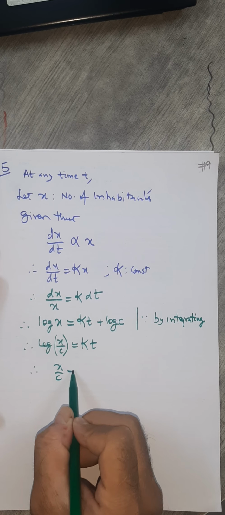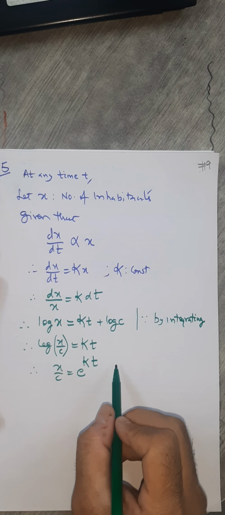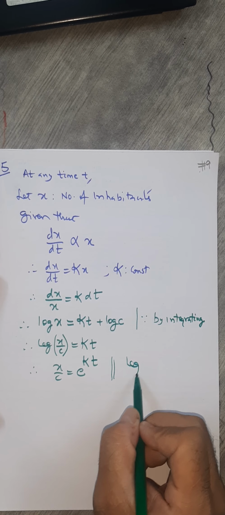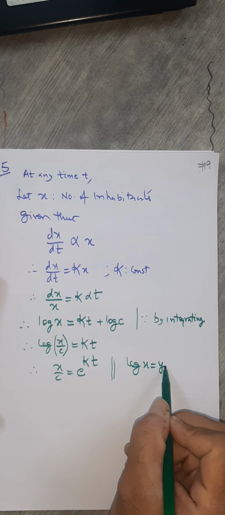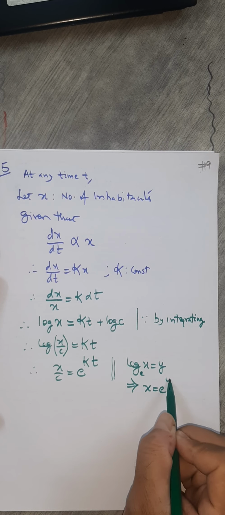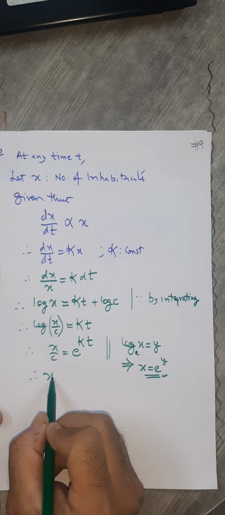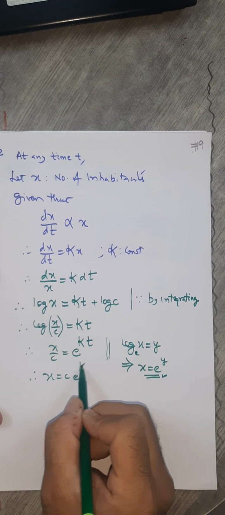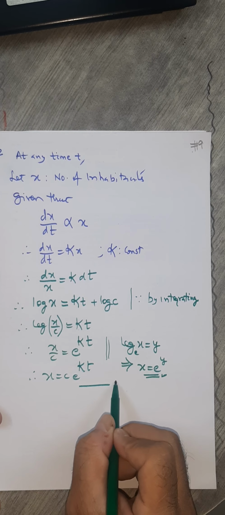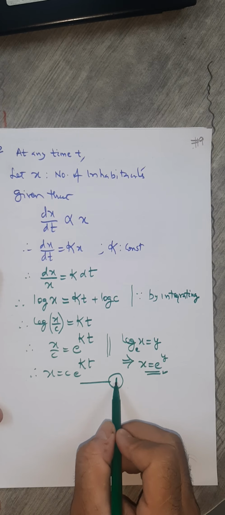Therefore x by c equals e raised to kt. If you drop log, you have exponential. If log x equals y to the base e, what is x? e raised to y, remember. So we have x equals c times e raised to kt. This is the main equation, the solution of the given differential equation.